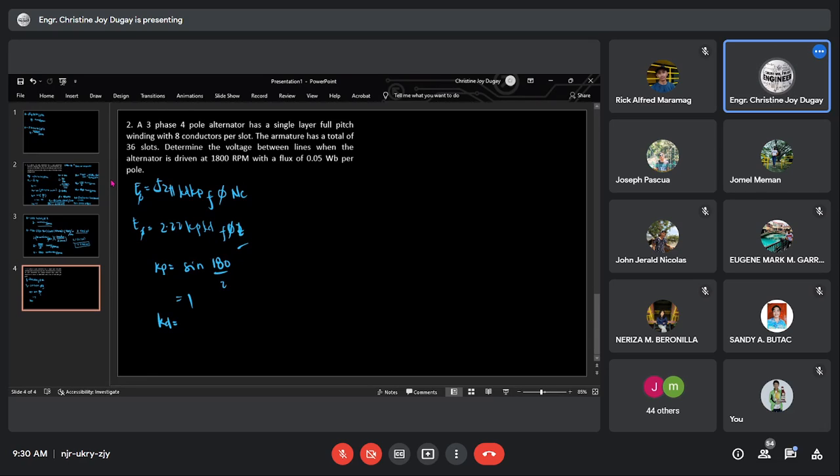Saglit nga, kulang yata. Single per slot. Then, okay, so let's solve for Kd. Formula natin for Kd, that is sine of n gamma over 2, over n sine of gamma over 2.